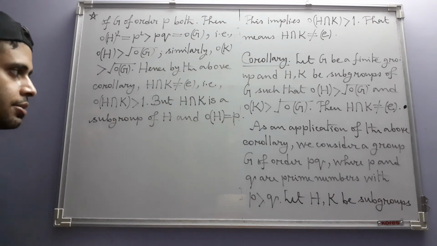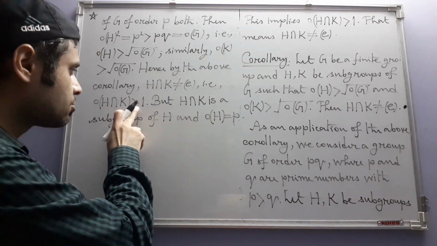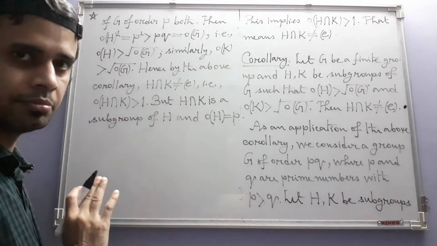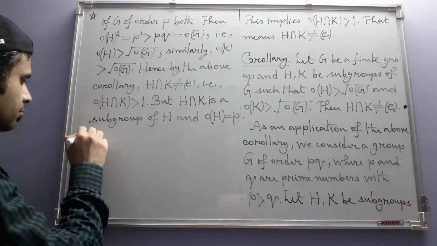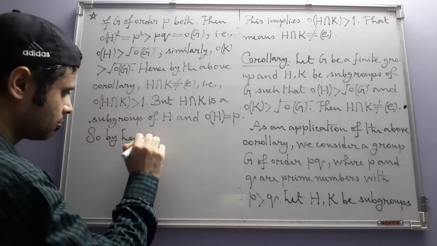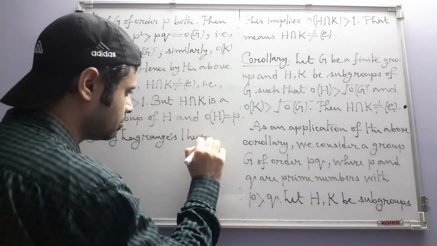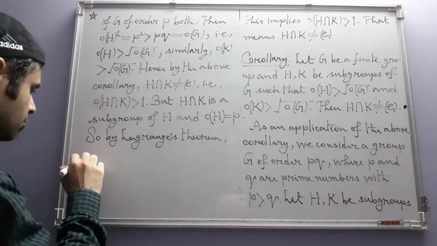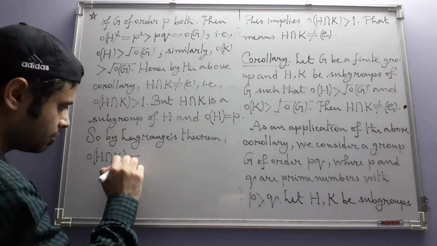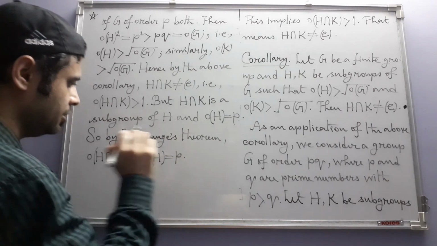So by Lagrange's theorem, since this order has to divide this prime and if this order is greater than 1, this order also has to be the prime. So by Lagrange's theorem, order of H intersection K has to be equal to order of H, which is P.